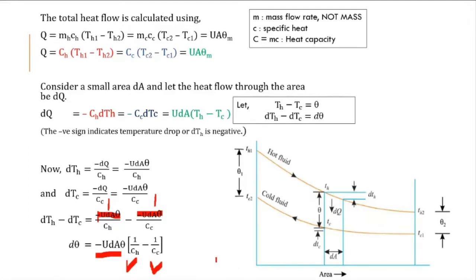Okay. Now here we are getting a differential equation. In order to solve the differential equation, we are going to use the variable separation method. So bring all the terms of theta on one side.